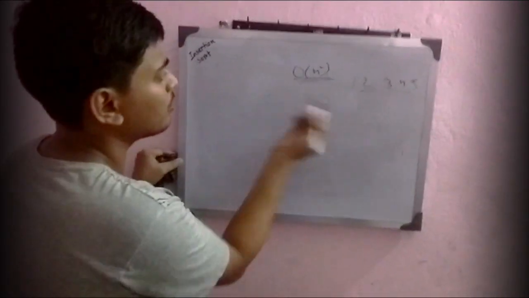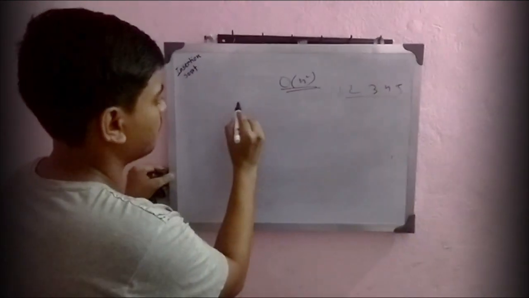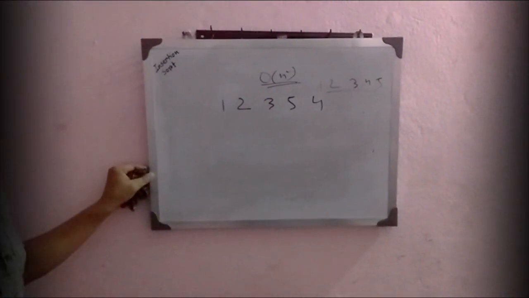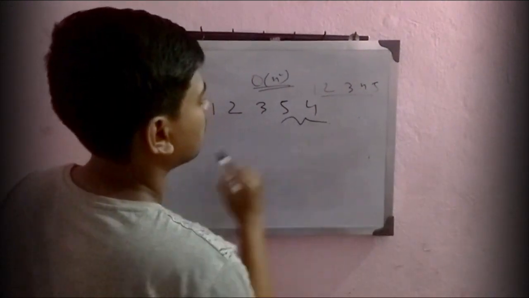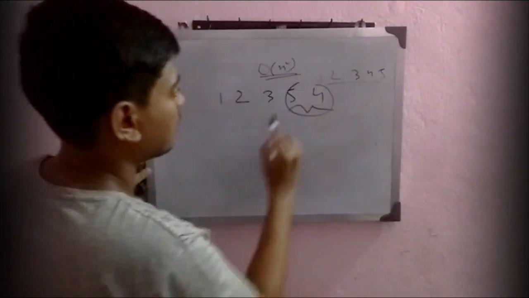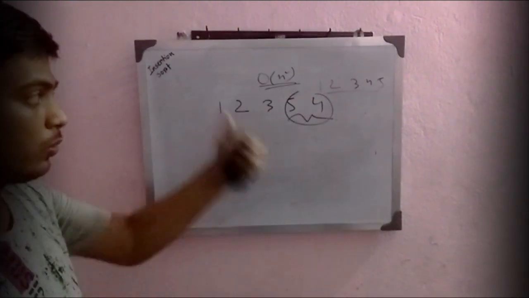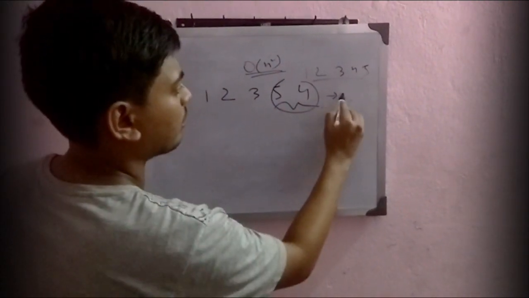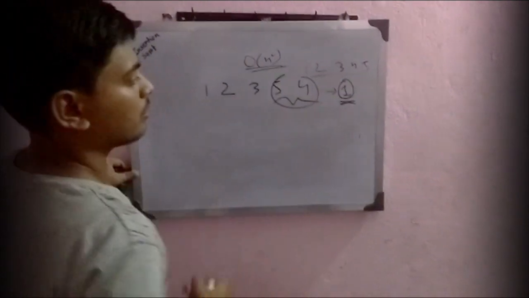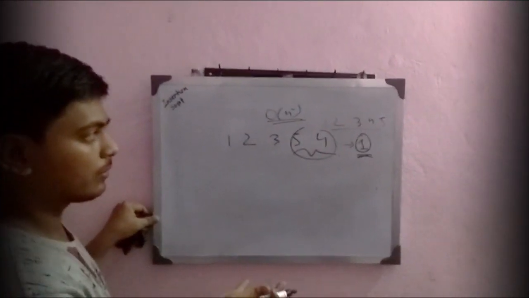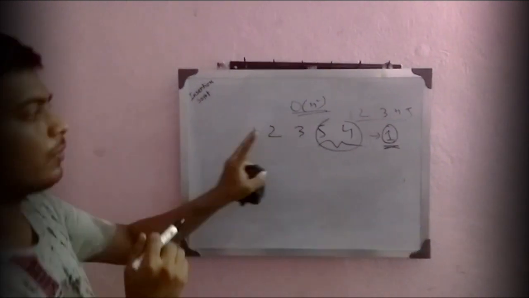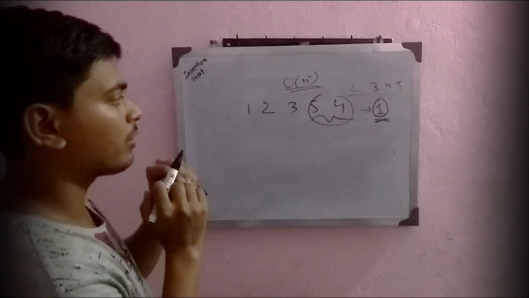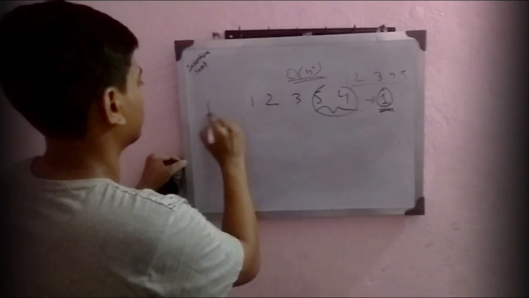Suppose the array given is 1 2 3 5 4, then we have to shift only once. Then the shift operation in the code will run one time, right? So it takes less time. So if the given array requires fewer shifts, then we use insertion sort.